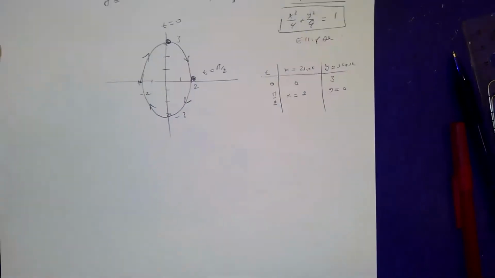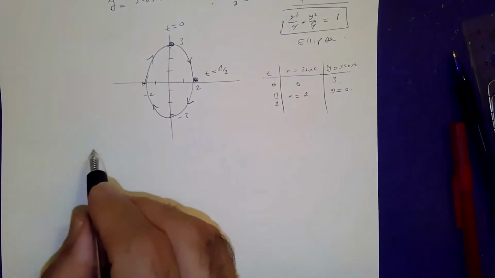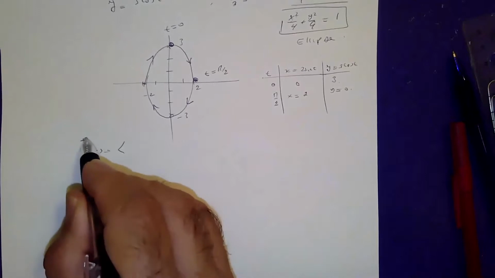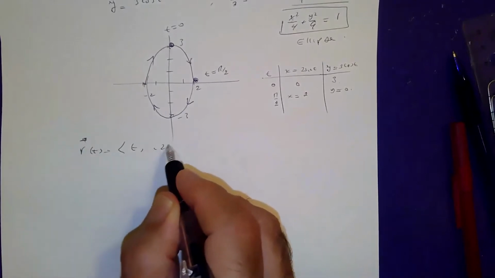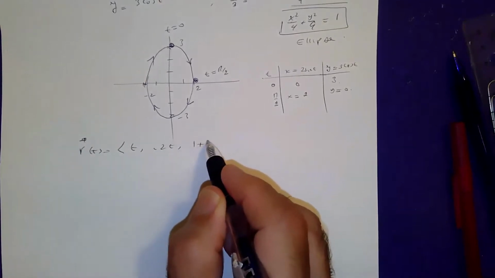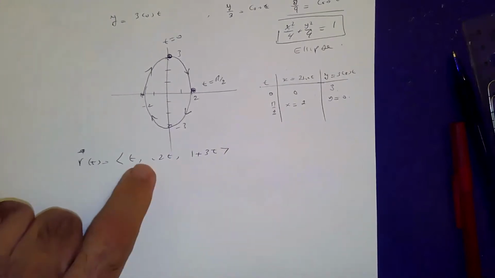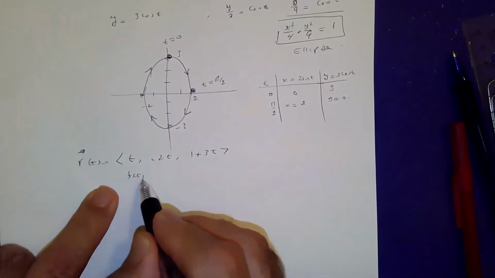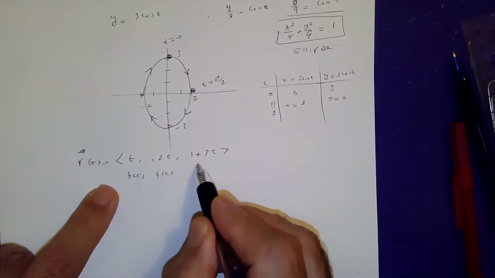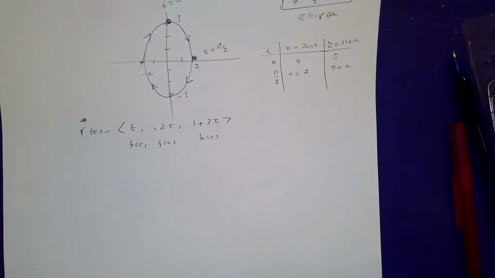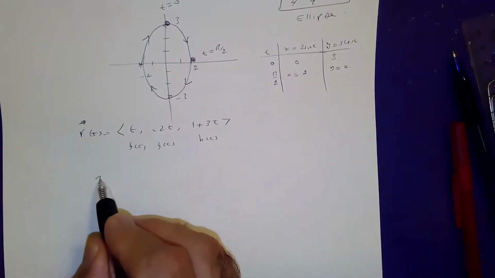You see it. So you can always extend this to 3 dimensions. Let's say t, negative 2t, 1 plus 3t. Notice all of these functions, f of t, g of t, and h of t, are linear. So my guess is the graph is going to be a line in space.